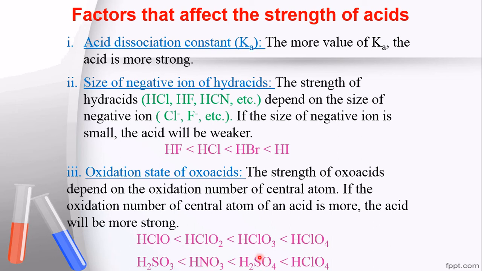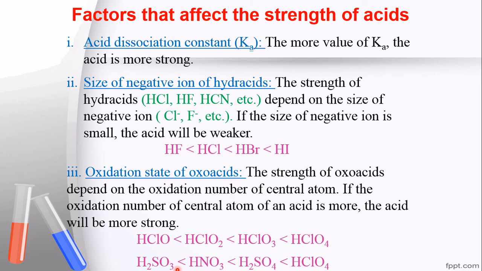Here sulfuric acid, oxidation number of sulfur is +6, and in perchloric acid, oxidation number of chlorine is +7. So among these four acids, the strongest acid is perchloric acid, then sulfuric acid, then nitric acid, and at last sulfurous acid.